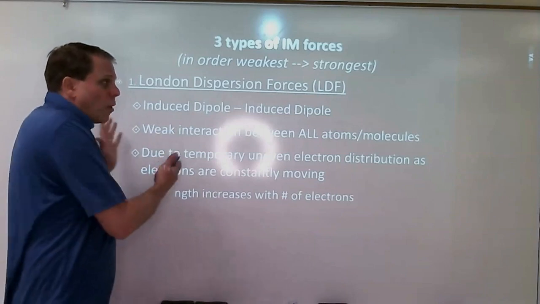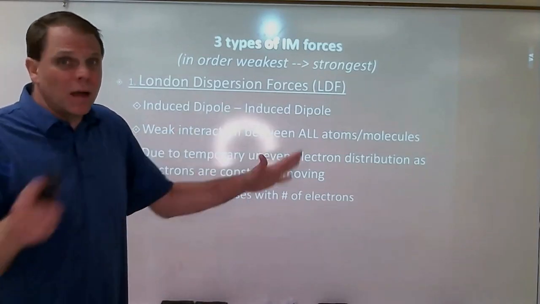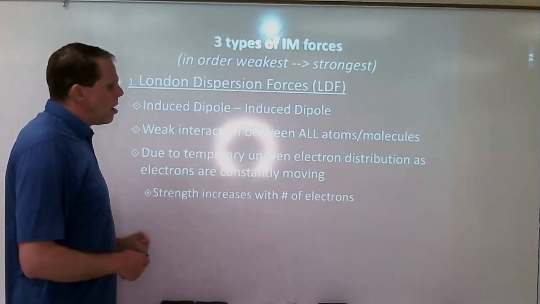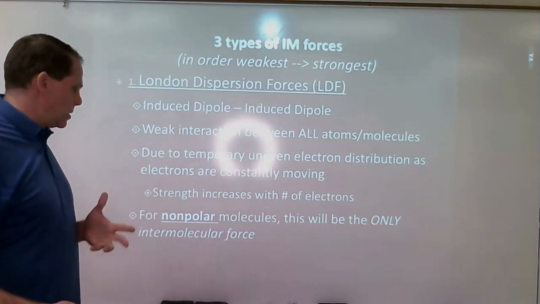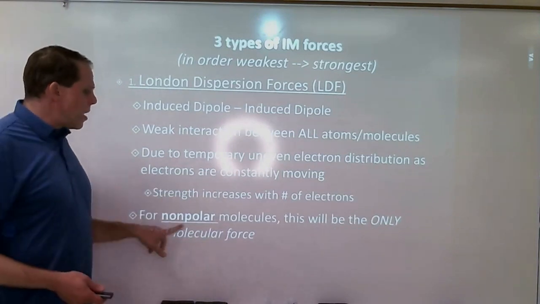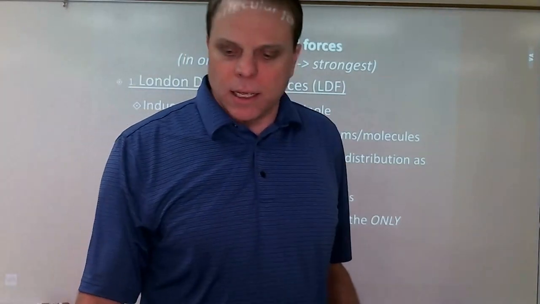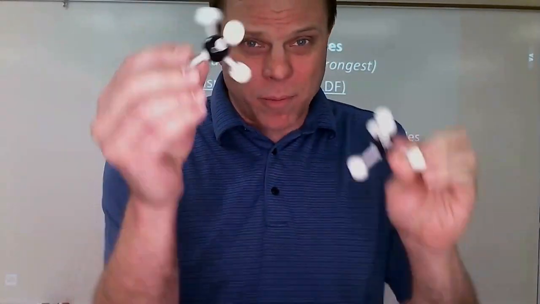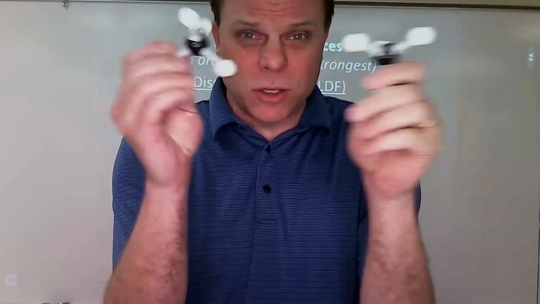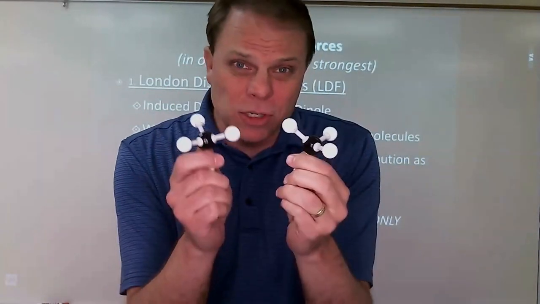But remember, this force is present everywhere, polar, non-polar. It's present in all molecules that are interacting with each other, okay? If you have a non-polar molecule, this is the only force that is existent between those. So here were our two methanes. We already said that methane was non-polar. The only interaction, the only attraction between these two molecules is a London dispersion force.